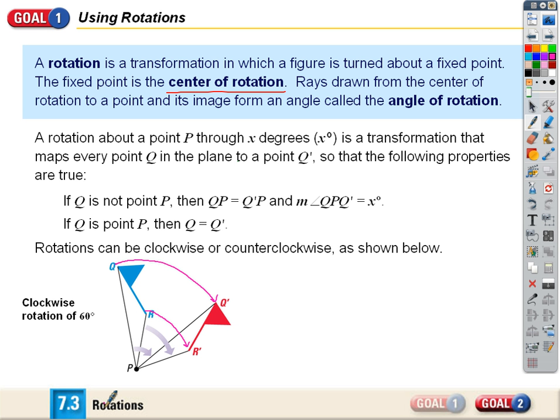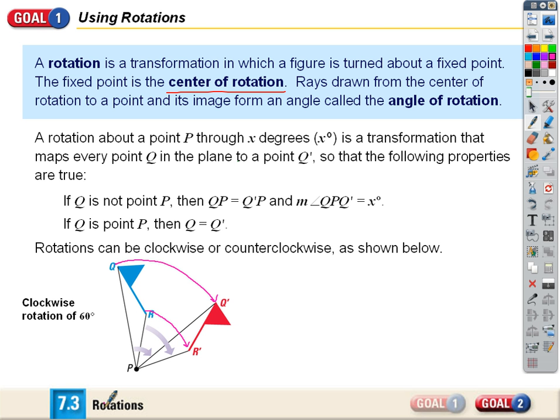Okay, so what if the point that we're talking about, what if Q is on point P? If it's on the tack, on the center of rotation, does it move at all? No, it ends up staying in the same spot. It just pivots, right?